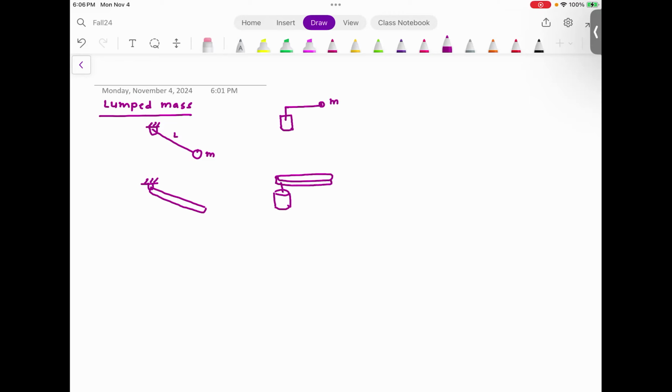If you look at all the practical robots, typically you will never have a case where the mass of the robot is concentrated at one location.